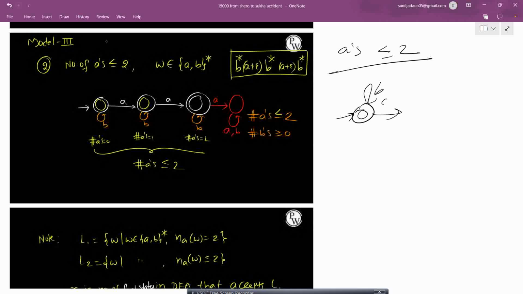Number of A's 1, we will accept, right? If number of A's is 2, we will accept here also, right? B. If now number of A's goes beyond this, we will go to trap state.